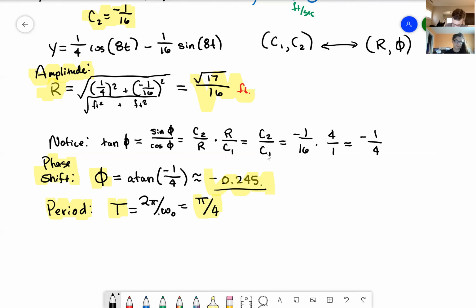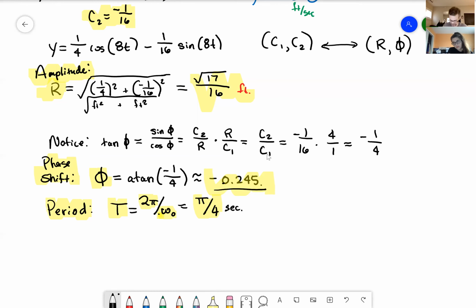And of course, this 2 pi was a dimensionless constant, and this omega 0 was per seconds. So when we divide by per seconds, we get seconds. And so the period turns out to be a unit of time. Nice.